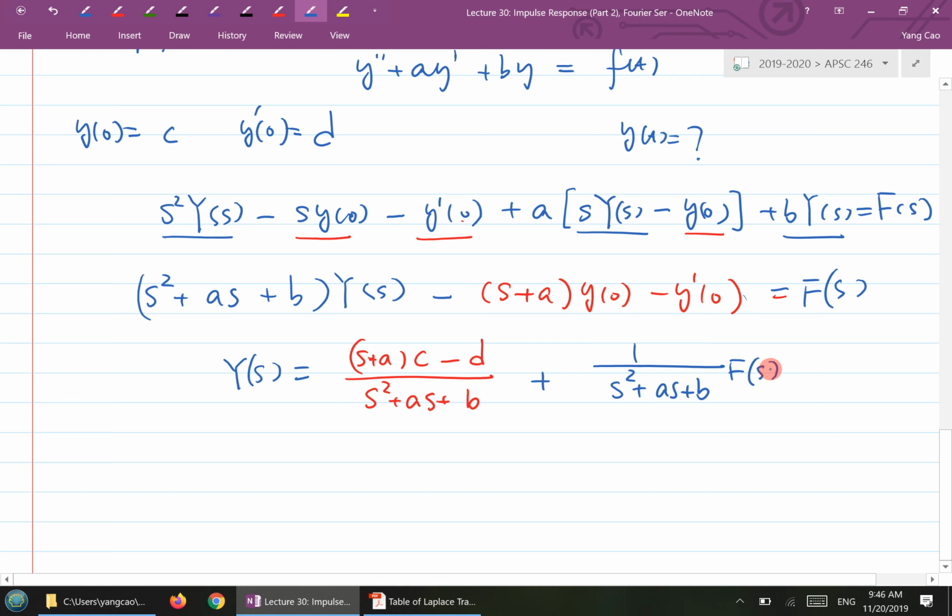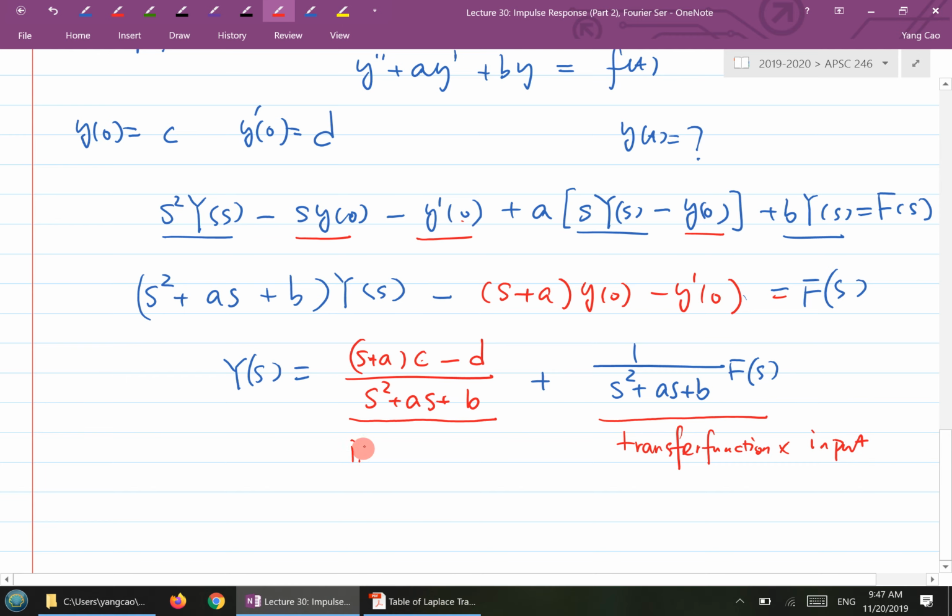So your solution for Y of s has two terms. One term is completely determined by the initial conditions. The other term is completely determined by the transfer function and the input. So this is basically the transfer function times input.